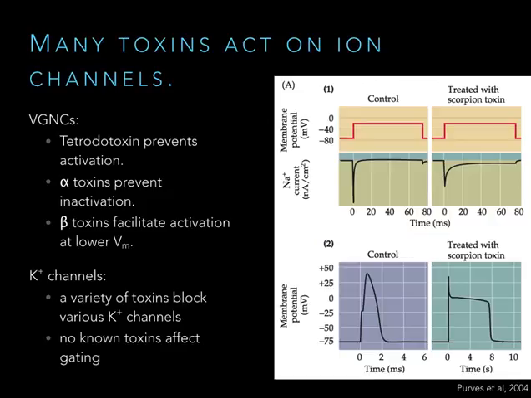There are other toxins that actually prevent inactivation rather than activation. Those would be the alpha toxins from scorpions. So you'll get more prolonged sodium currents with these toxins. Then there are beta toxins that facilitate activation at lower membrane potentials.